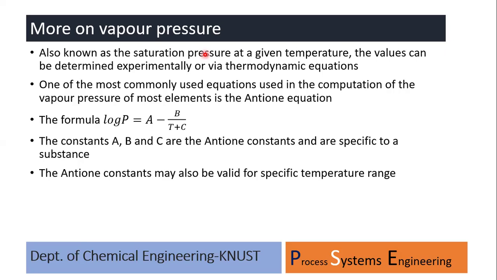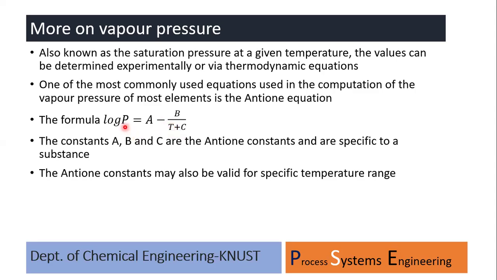This page. Okay, so what we are saying is that if you want to determine the vapor pressure or the saturated pressure of a material, sometimes we can use this formula. There are tables that have constants for A, B, and C for a particular material under certain conditions. So maybe for water, there's a constant for A, a constant for B, and a constant for C. We just put them in, and then we put in the temperature that the water is at.